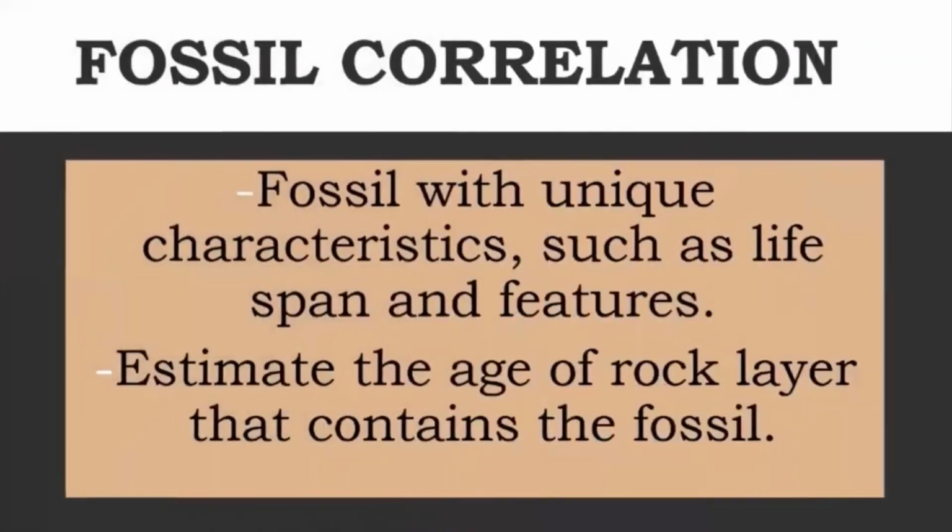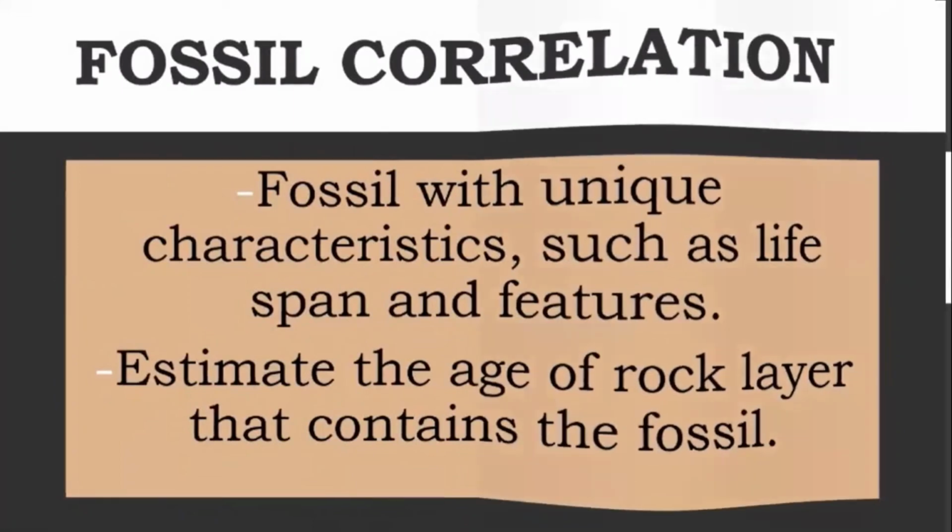However, when we say fossil correlation, they correlate rocks through fossils with unique characteristics such as lifespan and features, and estimate the age of rock layers that contain the fossil.